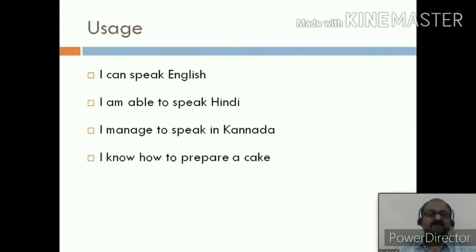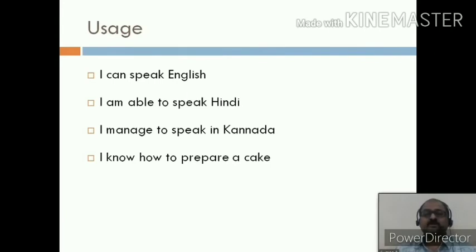So for me, the right usage is I manage to speak Kannada. But when I say I can speak in Kannada, it could mean I'm completely comfortable in using Kannada. So a better expression would be I manage to speak Kannada.